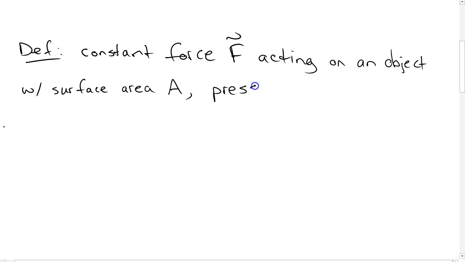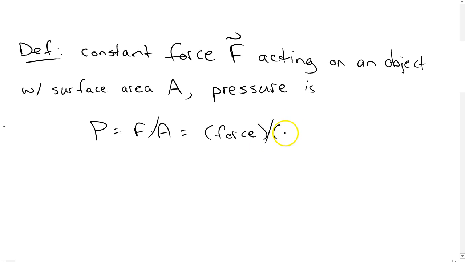So in this situation where everything is constant, the area is not changing, the force isn't changing in different parts of the object, the pressure, which we usually call P, is just the force divided by the area.